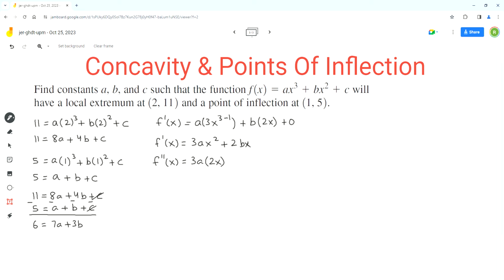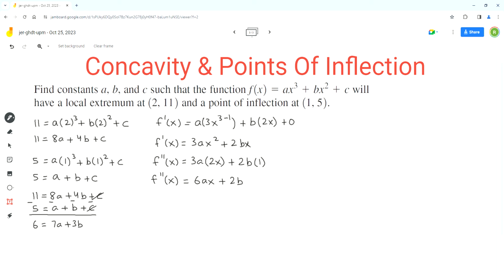Now in the second term 2b is the coefficient and it's a constant, so it will stay as it is, and the derivative of x is 1. Now we can simplify this expression. So 3 times 2 is 6, so we get 6ax plus 2b.